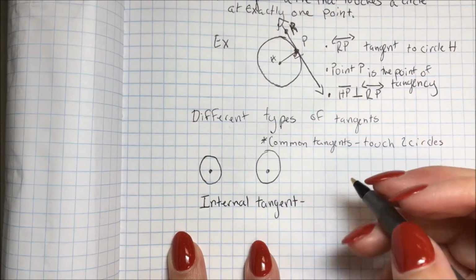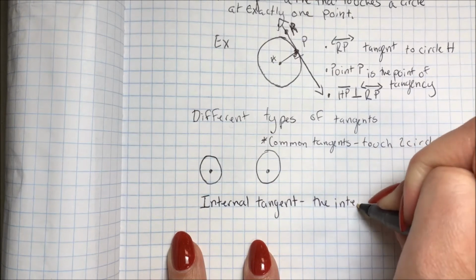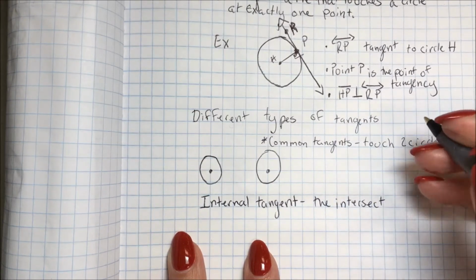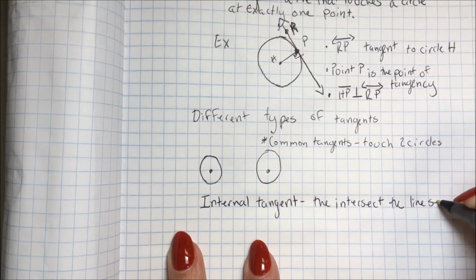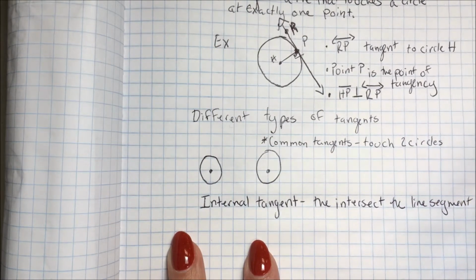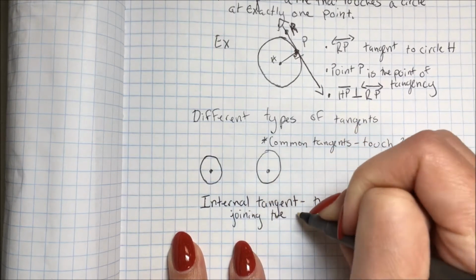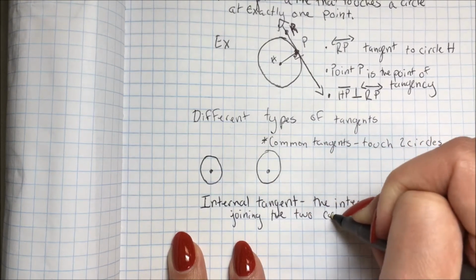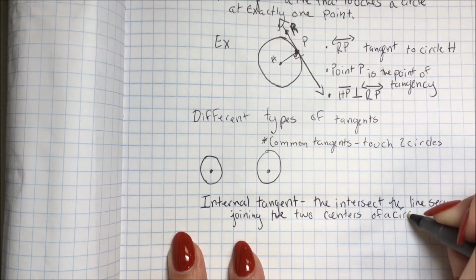They're internal if they intersect the line segment joining the two centers of a circle.